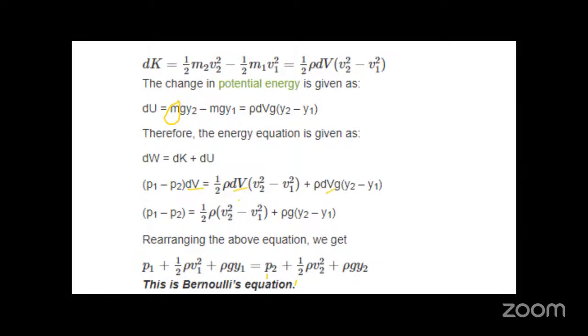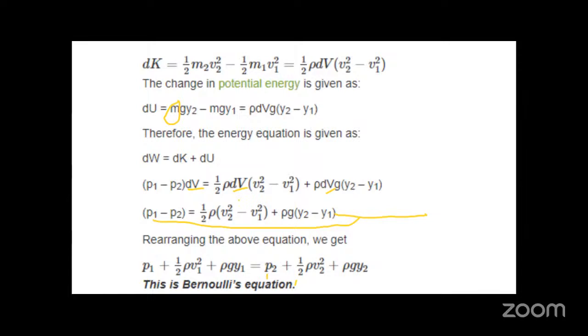So the dV will cancel out. So if dV cancels out, we'll have the expression here, which is P1 minus P2 is equal to half rho (V2 square minus V1 square) plus rho g (Y2 minus Y1).